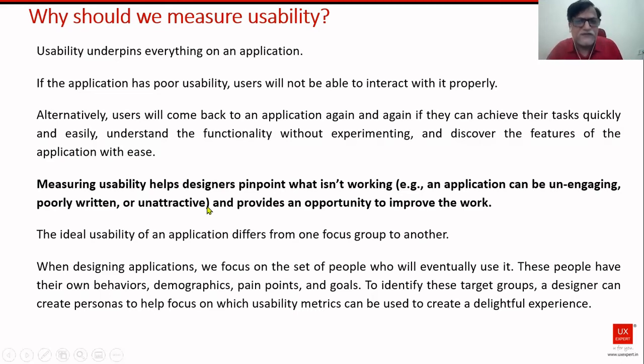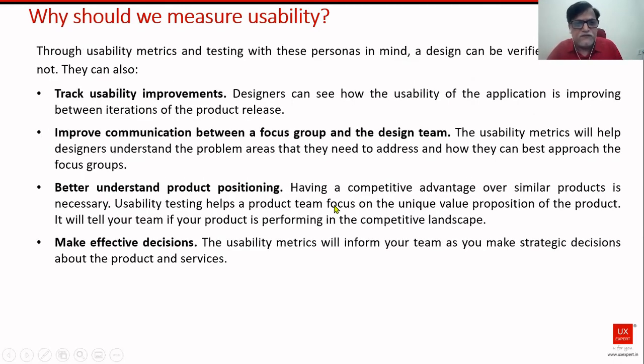That is at least, I think, a reason why you should do this usability analysis frequently with your product. Through usability metrics testing, with the personas in mind that come from your user research methodologies, design thinking or UCD, whichever method you use, you know who your user is. Then you can also track usability improvements.